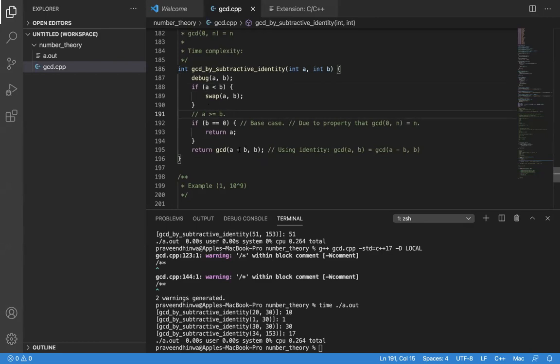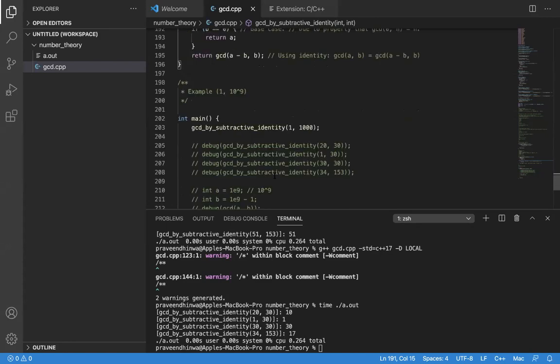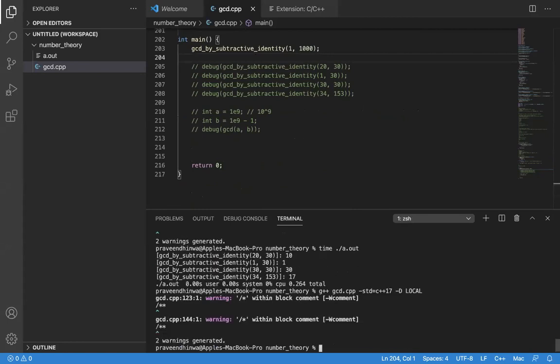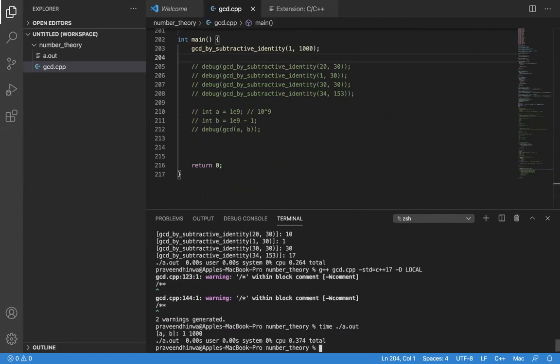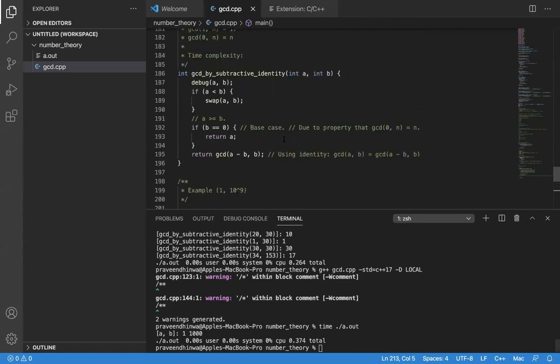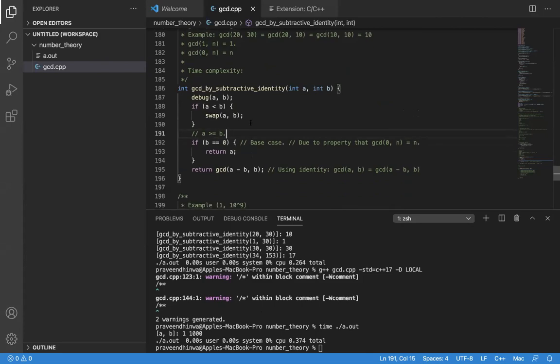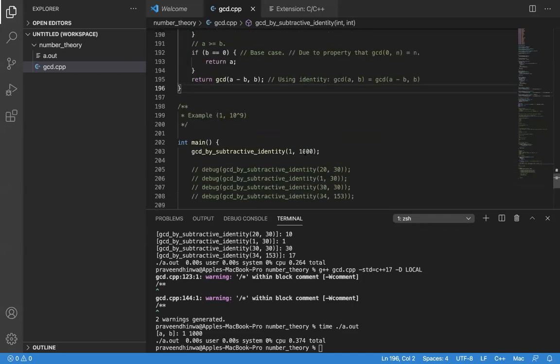Then it will subtract 1 from a. So a will become 999 and b will be 1. Then it will become 998, 997. So it will be subtracted by 1 each time. Let's try seeing this. If a is greater than or equal to b, then call GCD of a minus b, b, with 1 comma 1000.